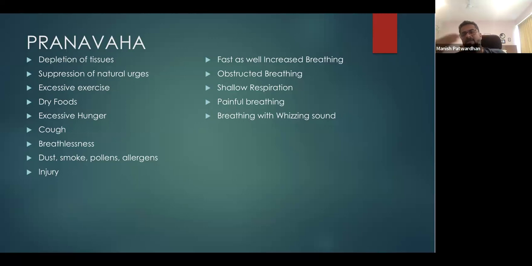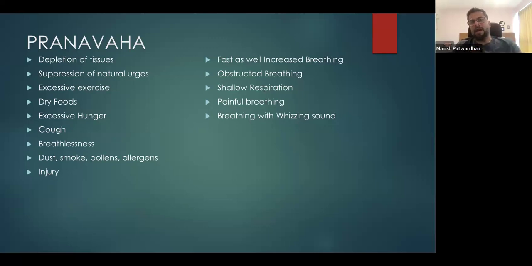Snehana, oleation, will increase the kapha, fermentation will pacify the vata. What will also happen because of the fermentation, the permeability will increase, thus the kapha will penetrate into the tissues properly, penetrate into the respiratory system properly, pacifying the deep-seated vata in the pranavasrotas.